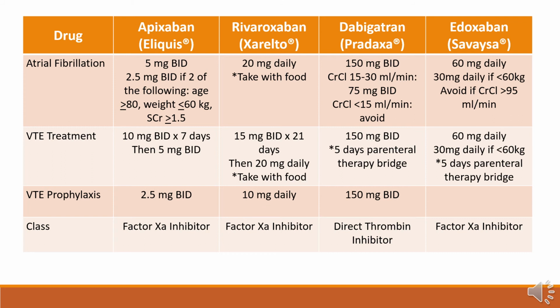So the common mistake that is done with the dose adjustment is they meet that criteria but they're treating PE or a DVT or using it for VTE prophylaxis. Those you do not use that dose adjustment. Those 3 criteria are only specific to patients that have AFib and are on apixaban.